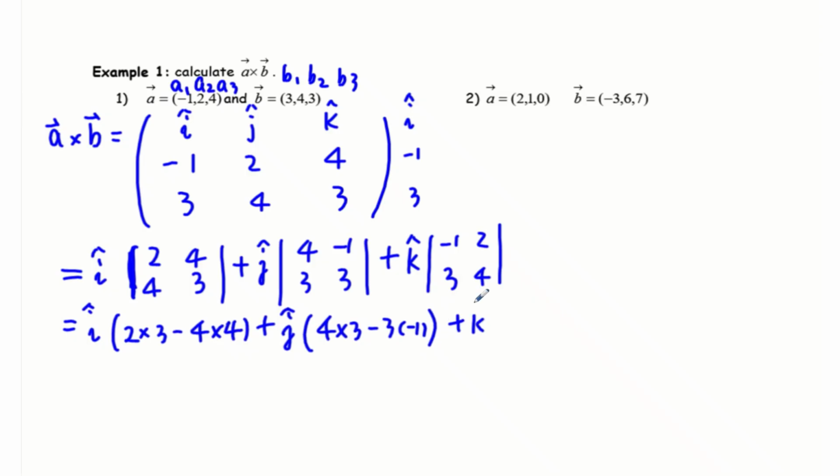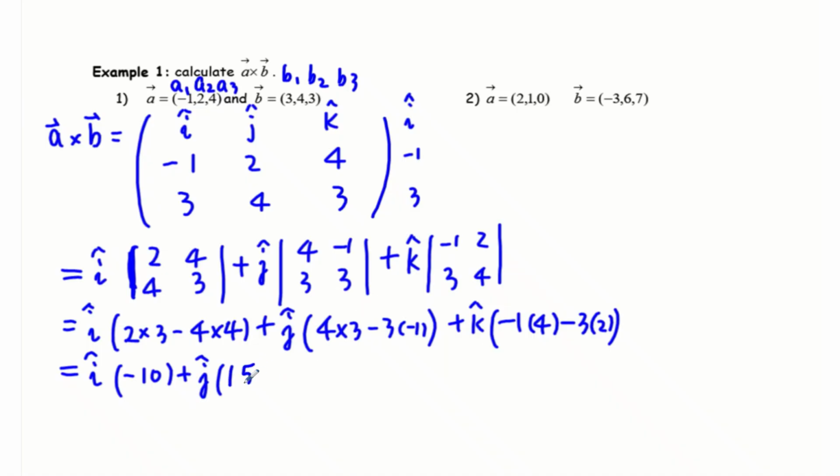Then plus K direction -1 times 4 minus 3 times 2. Then simplify. I direction 2 times 3 is 6 minus 16, -10. Plus J direction 12 plus 3 is 15. Then plus K direction -4 minus 6, -10.